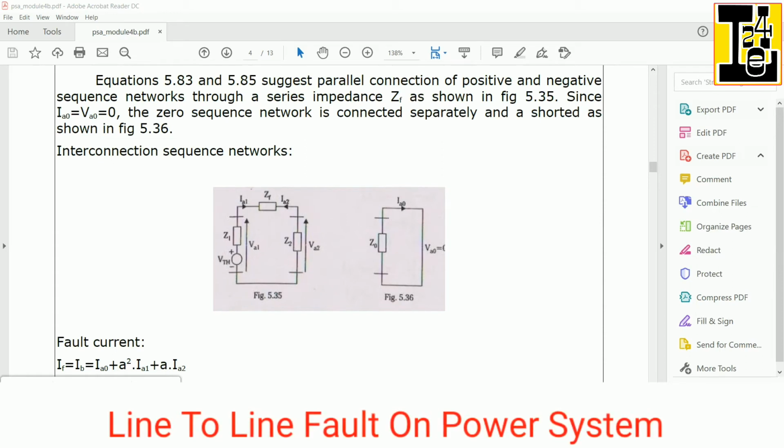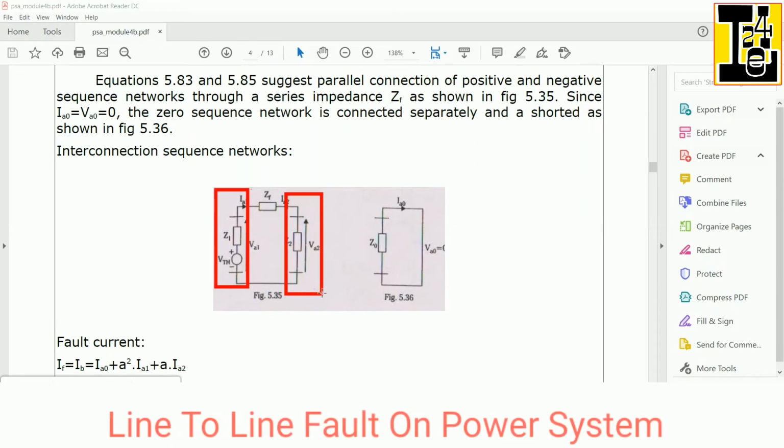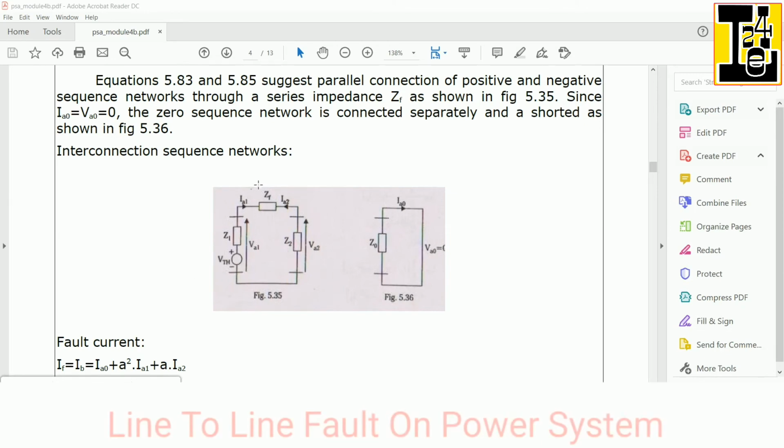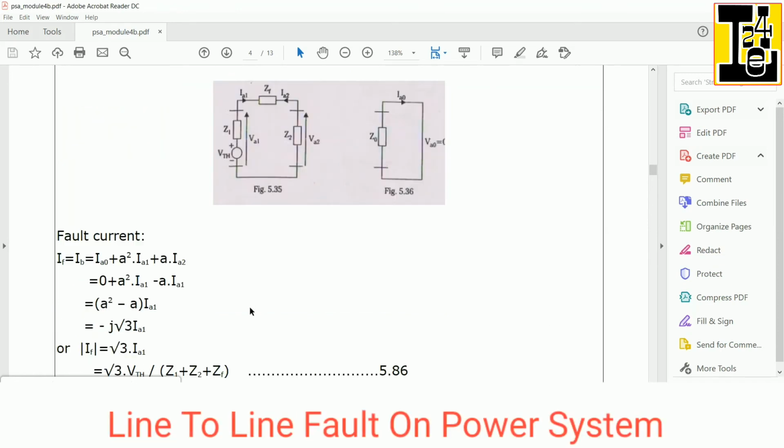Here, the positive Thevenin equivalent circuit and the negative Thevenin equivalent circuit are connected in parallel through the fault impedance ZF, and the zero sequence Thevenin equivalent network will be connected separately and shorted on itself.